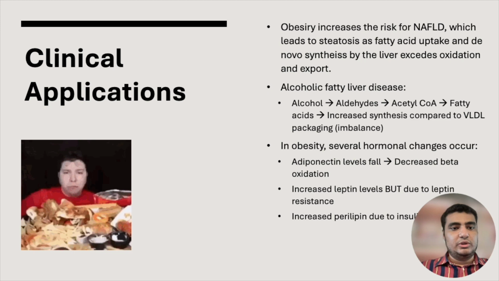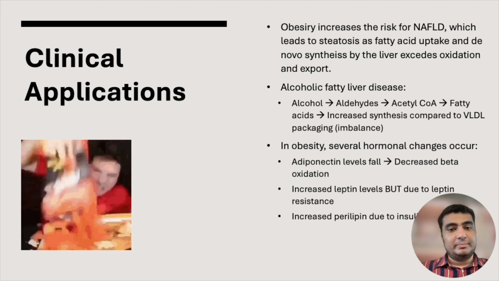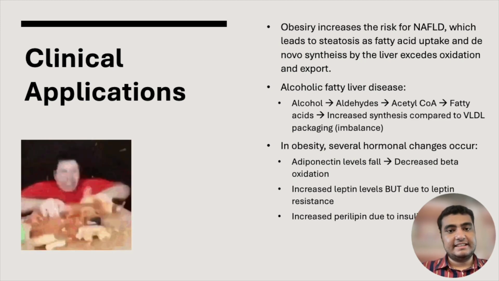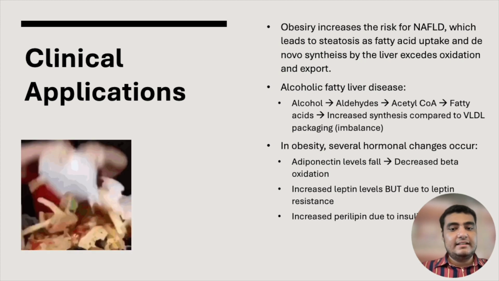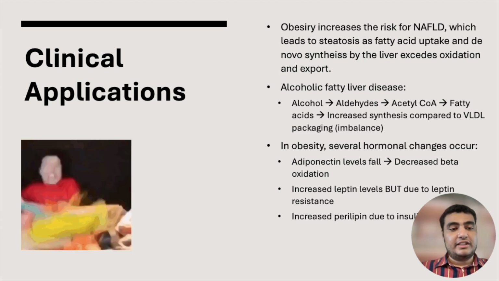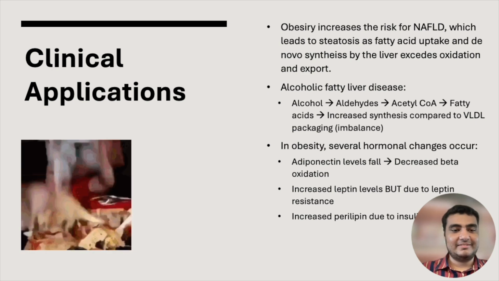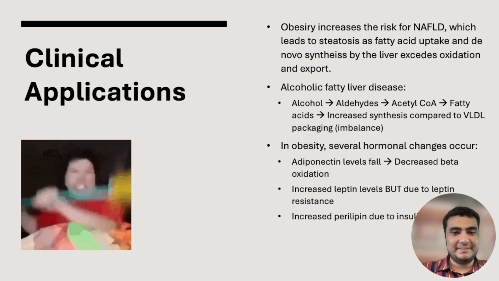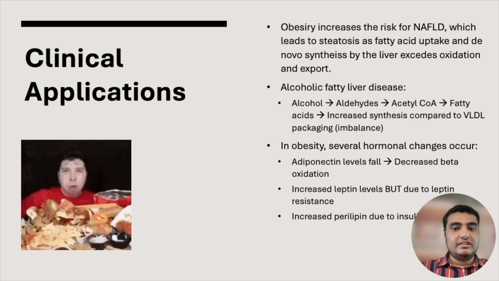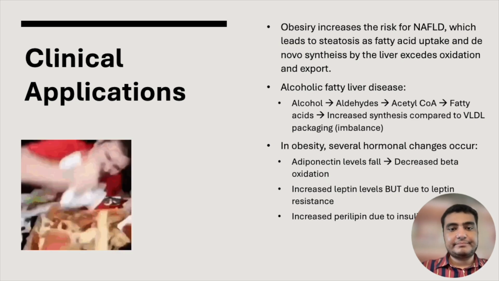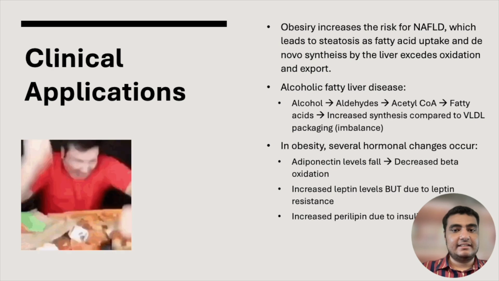Finally, just to state a few clinical applications, obesity is a very big problem affecting our region and the whole world. And it can lead to a variety of problems, of course, affecting fatty acid and lipid metabolism, since it's our lecture's topic. These include non-alcoholic fatty liver disease, which can lead to steatosis and a lot of problems.